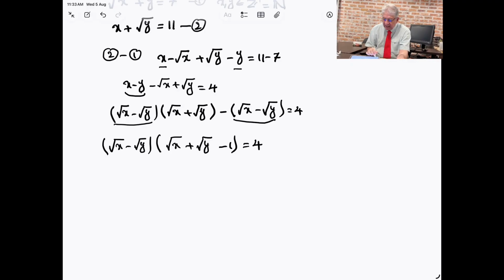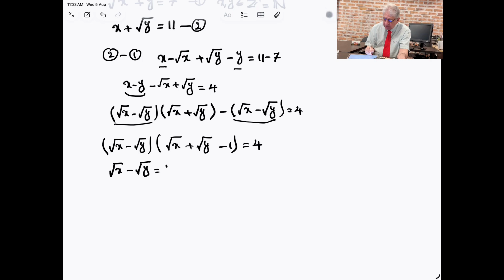We can easily see that the square root of x minus the square root of y is smaller than the square root of x plus the square root of y minus 1. So the square root of x minus the square root of y can be equal to 1, then the square root of x plus the square root of y minus 1 is equal to 4.